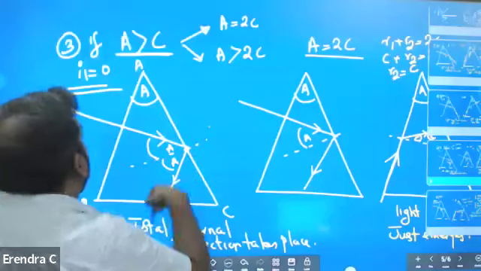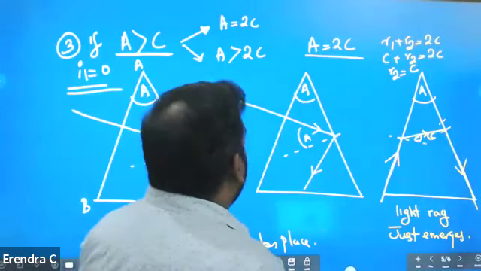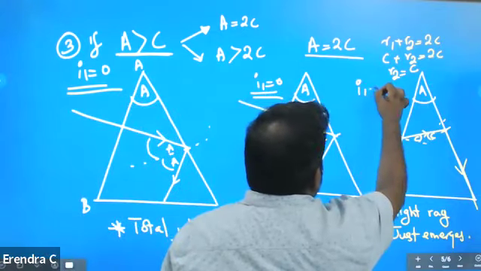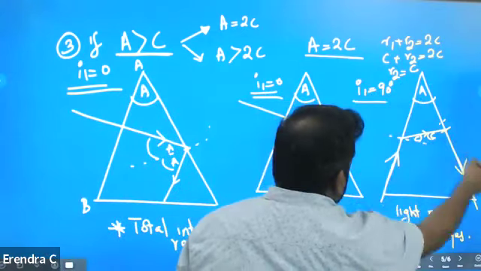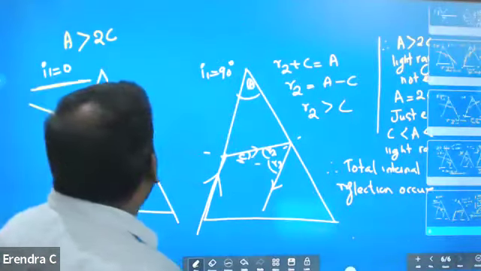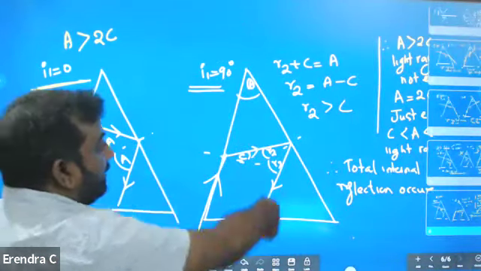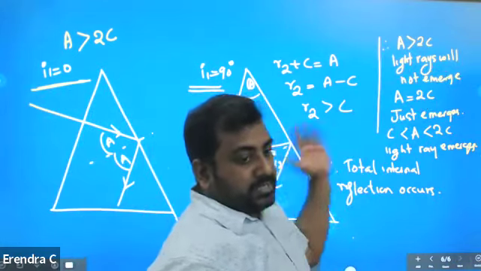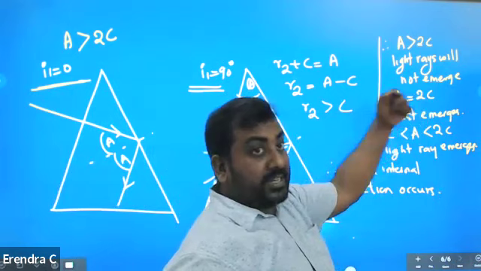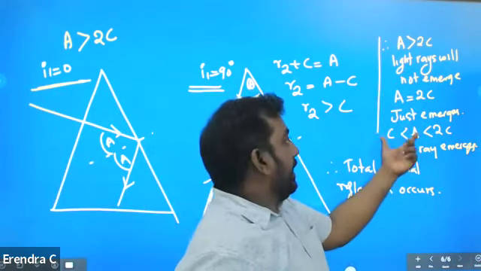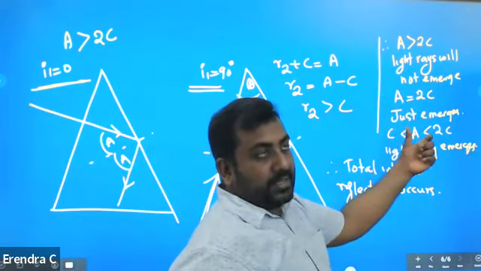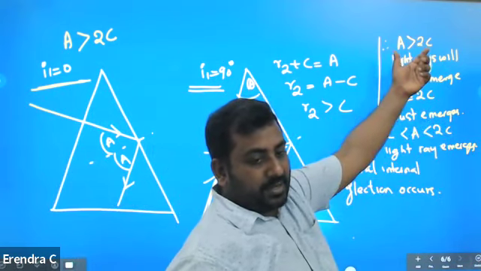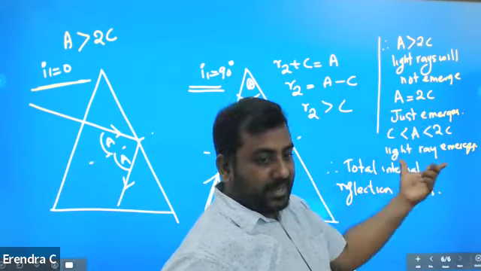I1 equal 90, the light ray just emerges. So A larger than 2C, the light ray never emerges. A equal to 2C, it just emerges at 90. Between C and 2C, it will emerge.